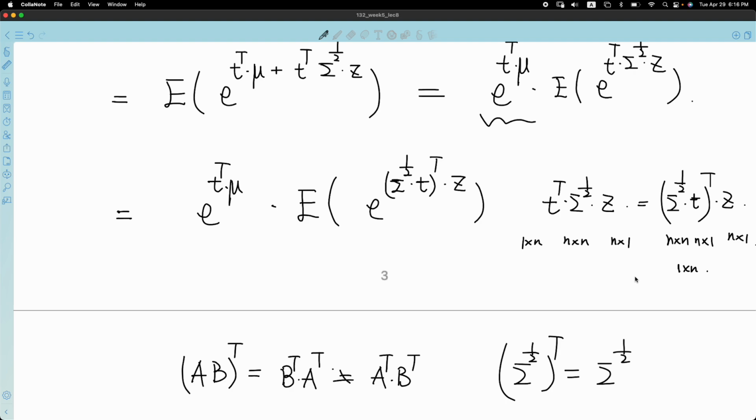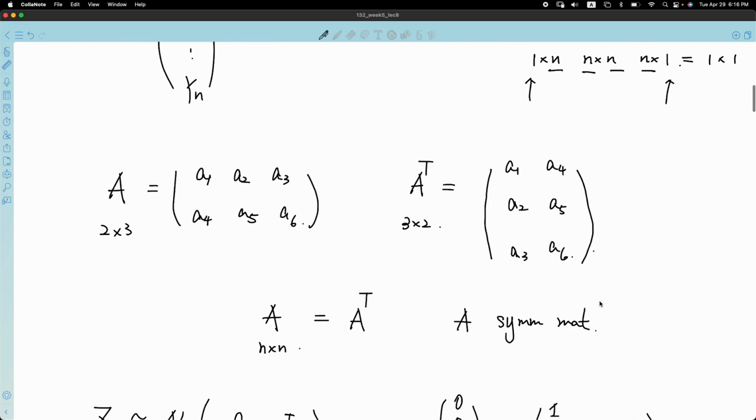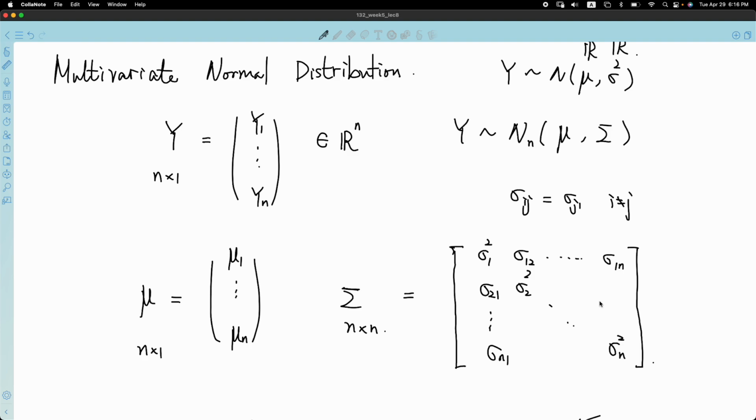Why is that symmetric? The very underlying reason regarding the symmetry is that this is saying the covariance between random variables z1 and z2. The covariance of z1 and z2 is equal to the covariance of z2 and z1. So they are symmetric, so this matrix is symmetric. The interpretable reason is that the covariance is symmetric: covariance of z1, z2 is equal to covariance of z2, z1.